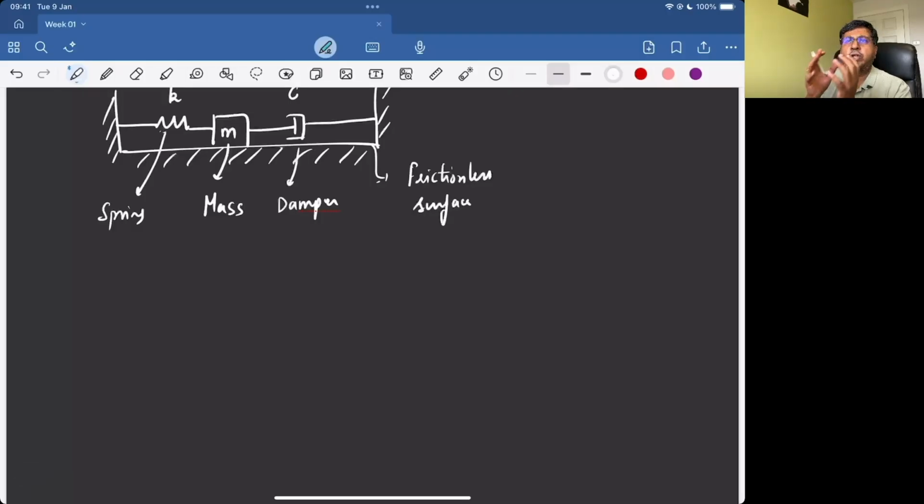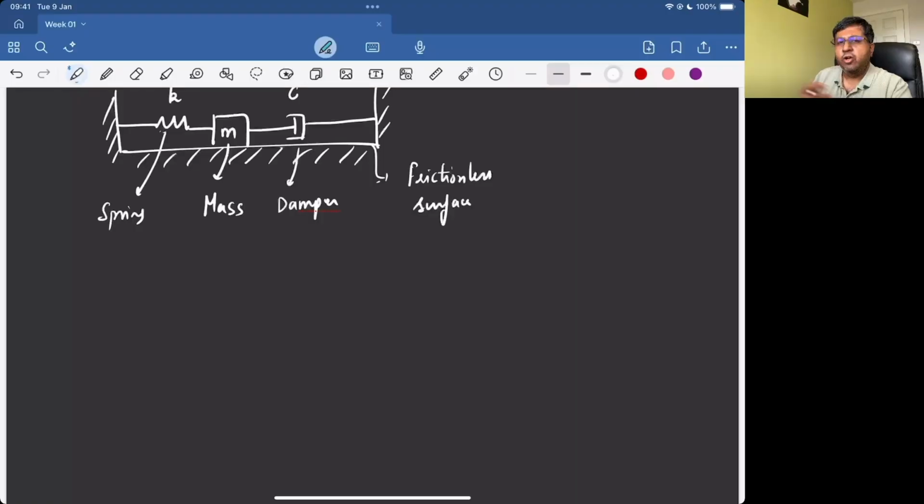If you think about Newton's first law, the mass that is moving will have some inertia, and because of it, unless there's a force acting on it, the direction of motion or the speed at which it moves will not change.